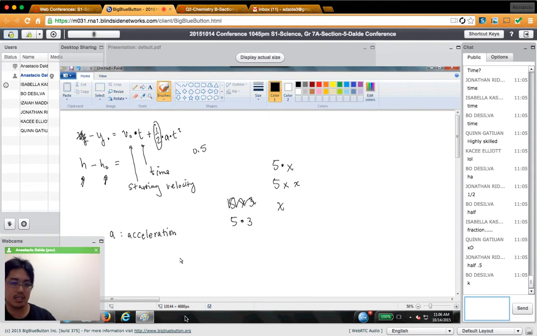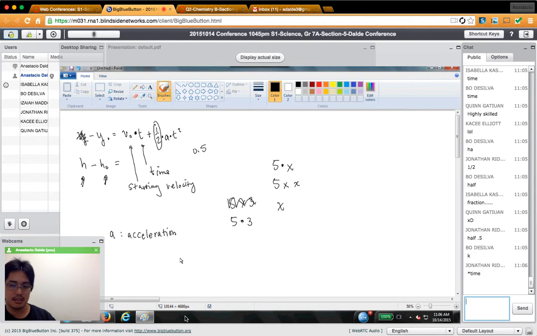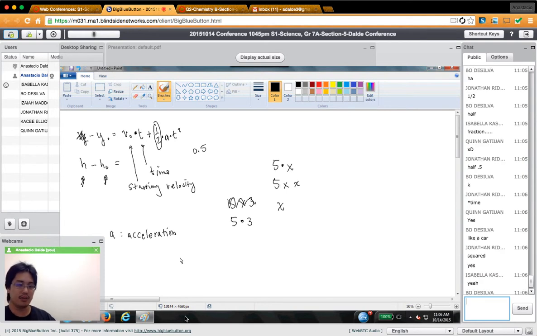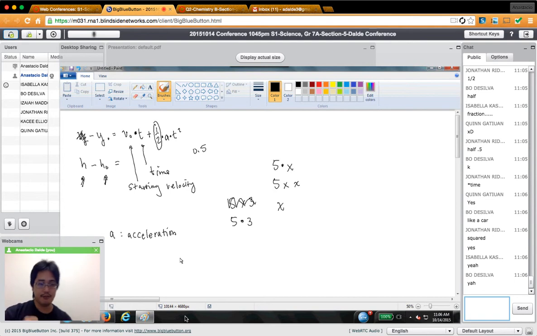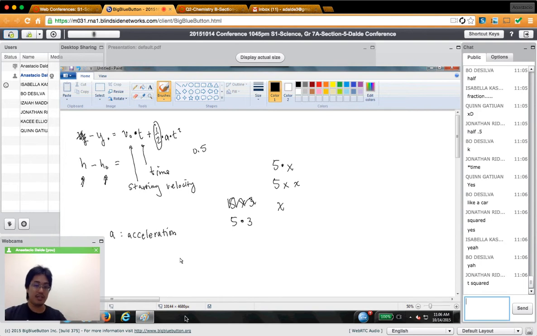The definition of the acceleration is this: the change in speed. Okay? Have you heard that word before, acceleration? It's how fast your speed is changing. For example, if you're moving at 20 miles per hour and you're going at a constant 20 miles per hour, you're not speeding up, you're not slowing down.